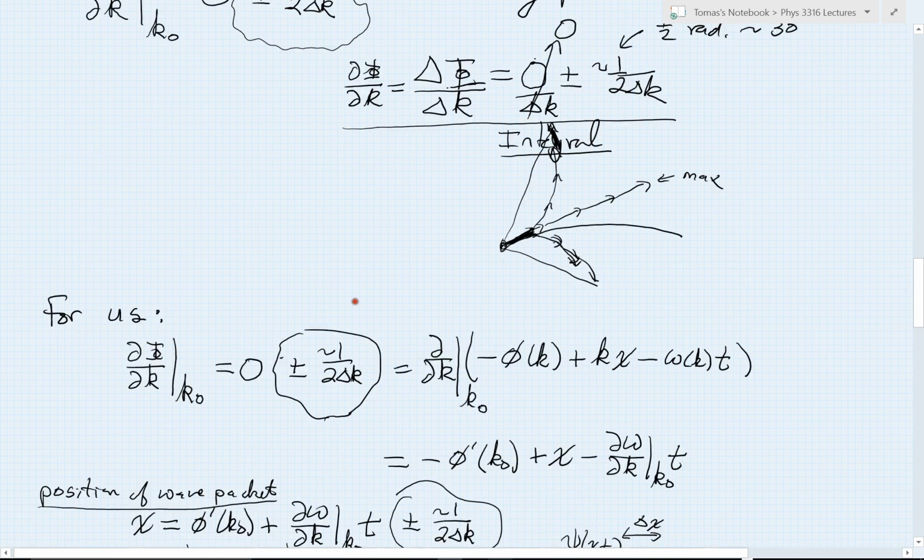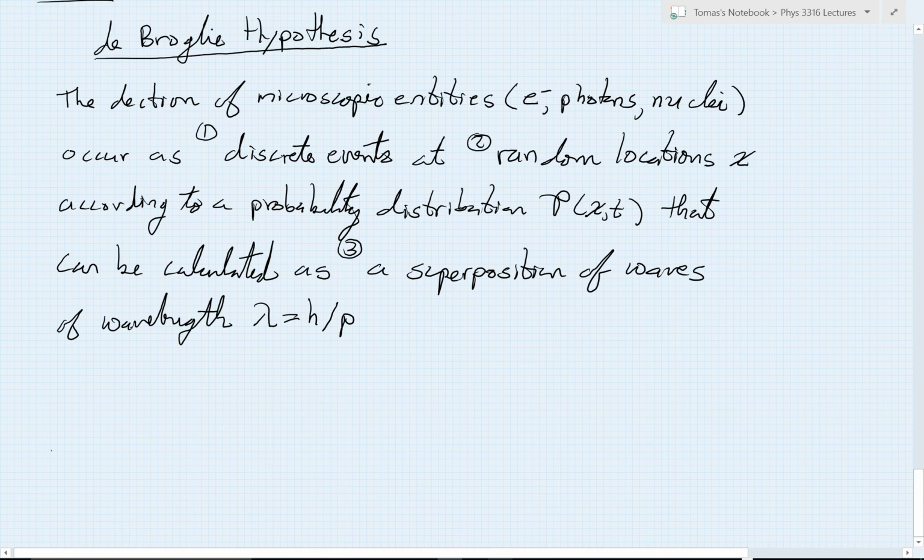Now, if we go all the way back down to our hypothesis, we've seen this works for photons and electrons, and as I've said, there's experimental data for the other microscopic entities. We need to know not just the wavelength, but also the frequency. So the wavelength lambda was the fourth ingredient, and finally, we need to know the frequency, given by... And we just saw that for the electrons, the energy of the electron, the Hamiltonian, written in terms of momentum, has to match h times nu.